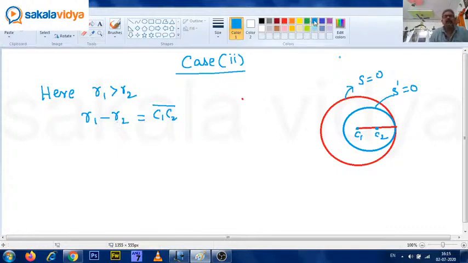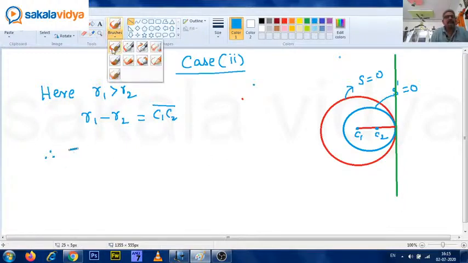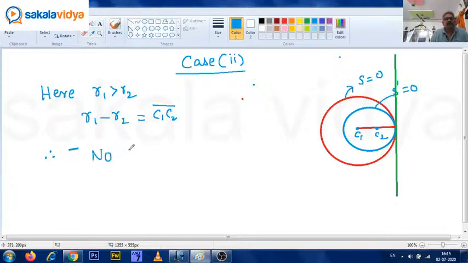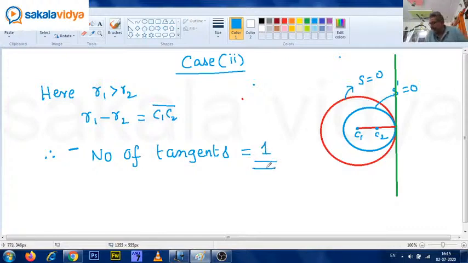Then how many tangents can be drawn here? Here we can draw one tangent. So therefore, in this case, the number of tangents that can be drawn is one.